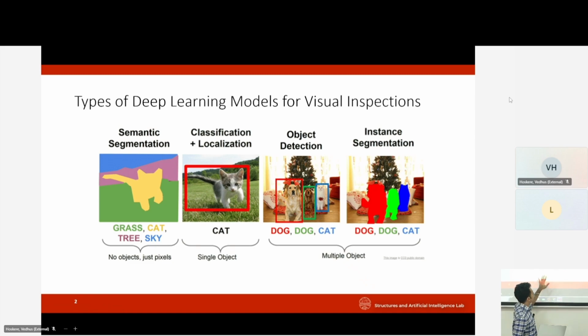We have classification, which could also be combined with more fine-grained localization. With classification, you have a single object or a single entity that you're looking for in an image. Then we have object detection, where you're drawing bounding boxes around objects of interest. And you have instance segmentation, which is a combination of object detection and semantic segmentation, where individual instances of objects are identified and also segmented. So you have masks for those individual objects.